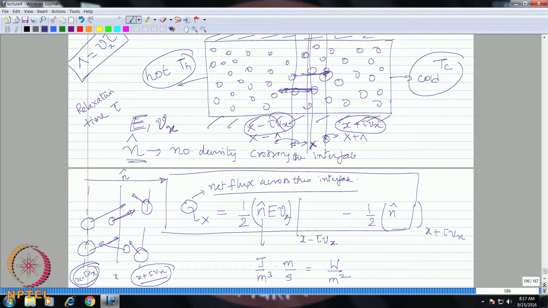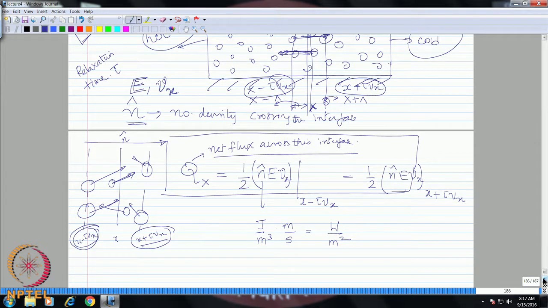Okay. Q is in watt per meter square. Okay. So, therefore, similarly at x plus tau Vx we have the energy flux, okay, which is bringing the molecules from the right towards the left to cross this interface. Okay. So, therefore, this is the basic idea behind applying the kinetic theory.